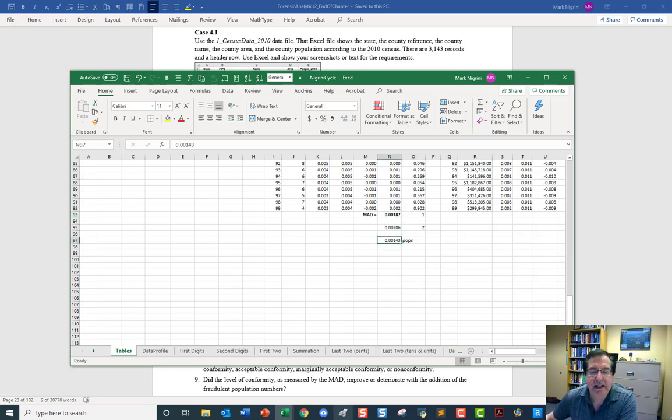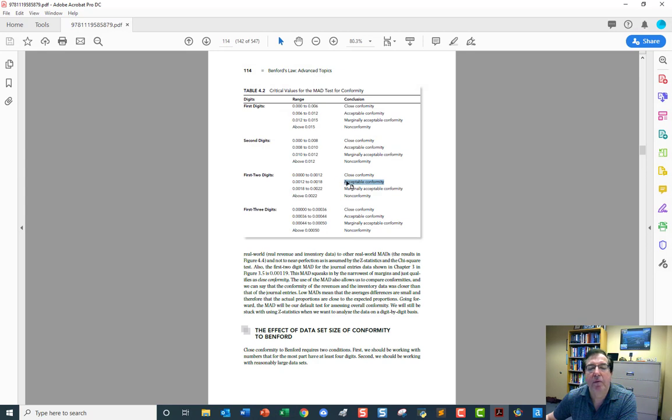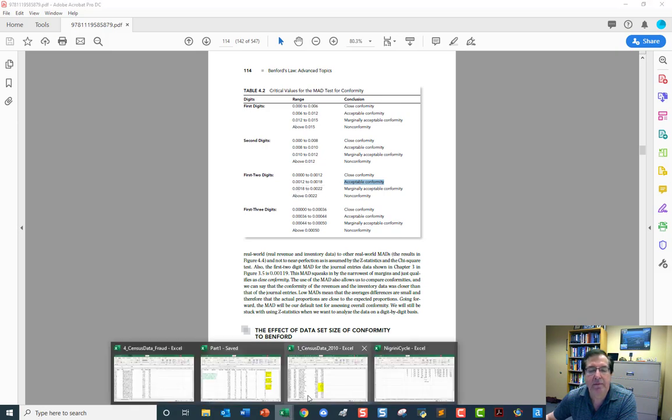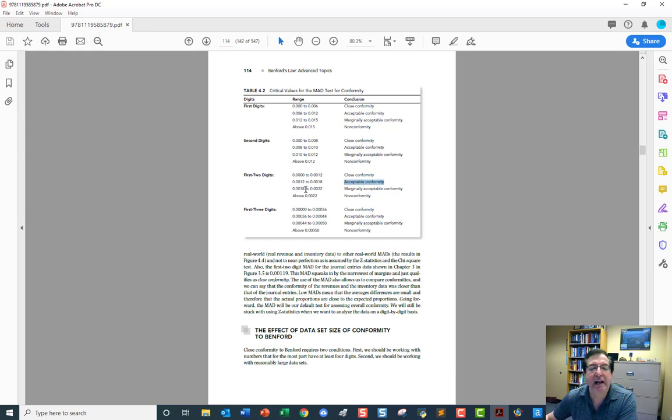So the population at 0.00143 was acceptable conformity, and both of these are greater than 0.0018. Both of them are greater than 0.0018, and they actually fall into this category here, which is marginally acceptable conformity.